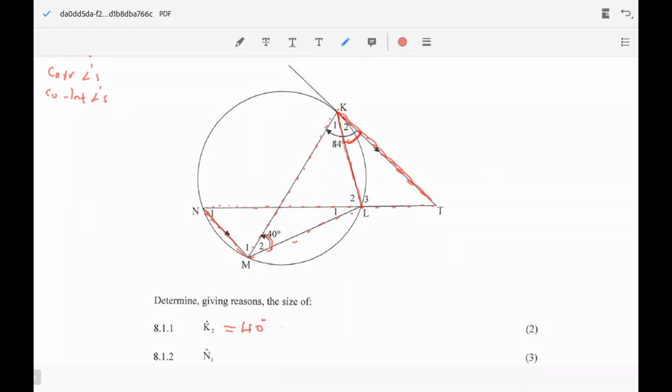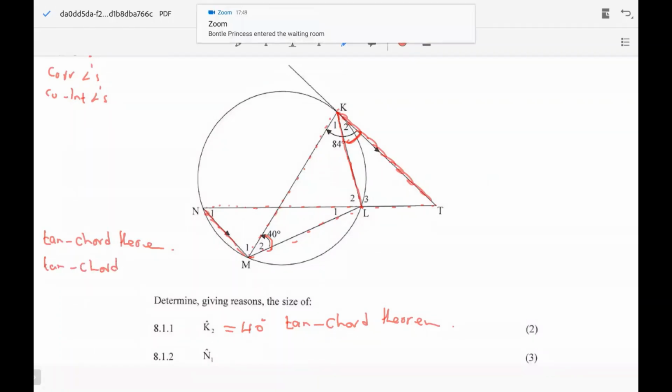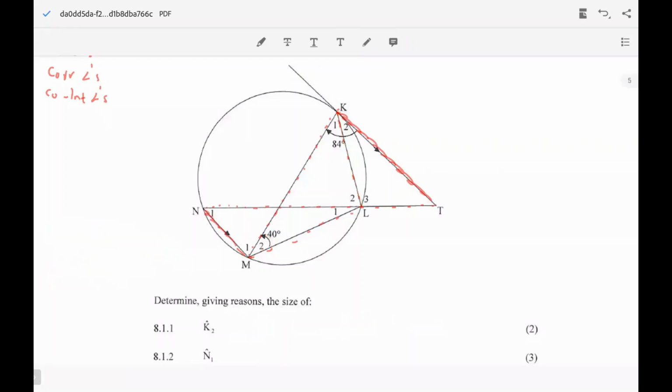So K2 equals 40 degrees, and the reason is tan chord theorem. Please remember that it has to be written as tan chord theorem. If you just write tan chord, it's incomplete, because the examiner will be wondering what's wrong with the tan and the chord. So always write it in full, tan chord theorem, in order to earn a full mark for the reason.